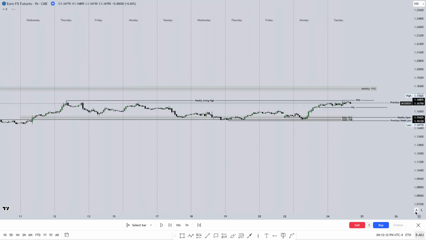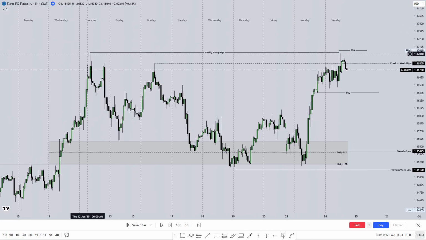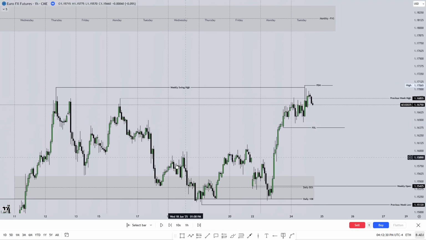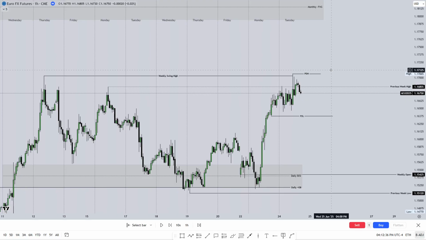Because again, we had already taken this weekly swing high, and it looks like we potentially completed this market maker buy model, right? Movement down to the daily BISI, movement up to weekly swing high. Maybe now we can look to short towards previous day low. Wrong, right? Because you have to look at the higher time frame picture and zoom out. What are we overall drawing to, right? And that's by no means me saying that we couldn't have gone down here and that would have been a valid thing to expect, because I honestly was expecting that.